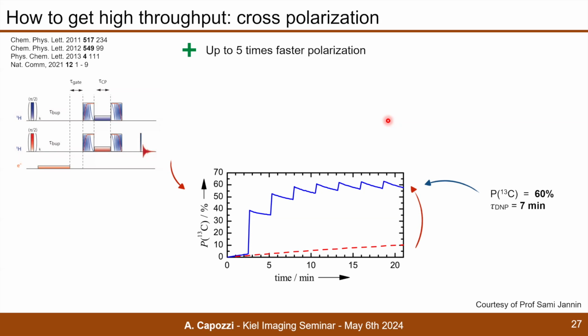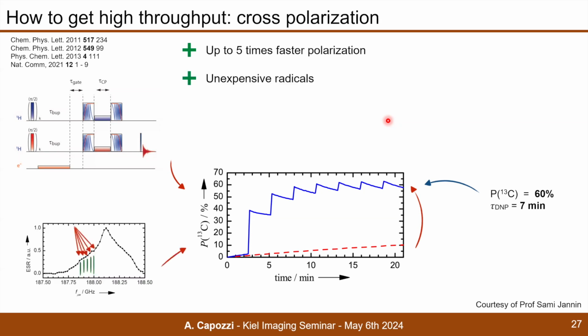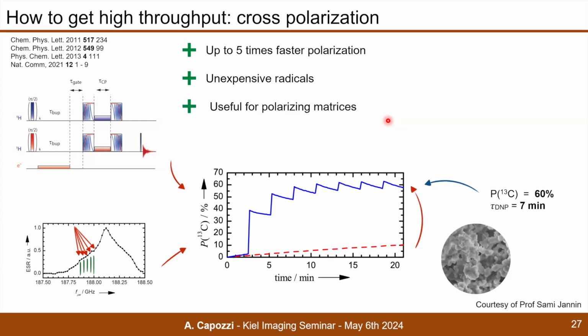It's an interesting approach because everything can go up to 5 times faster. Radicals such as TEMPO are inexpensive compared to trityl, and readily available from basically any retailer of chemicals like Sigma-Aldrich or Cambridge Isotopes, if you prefer.